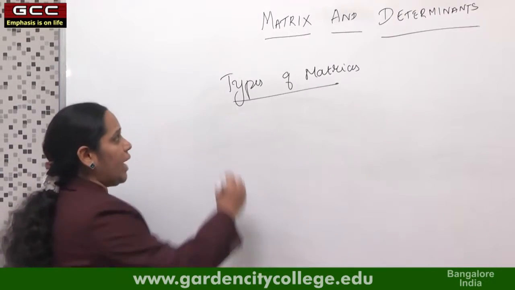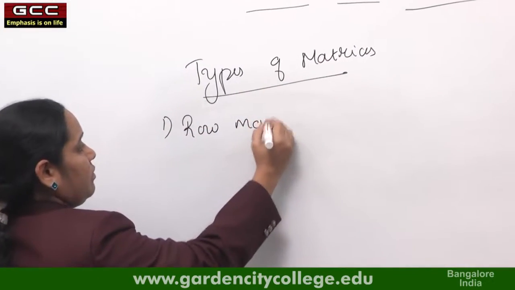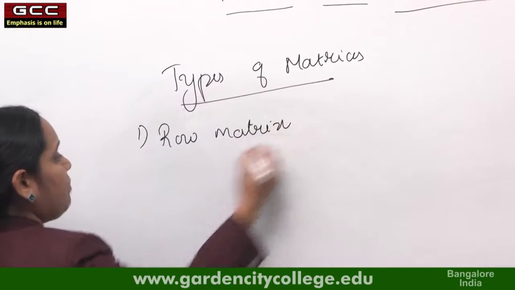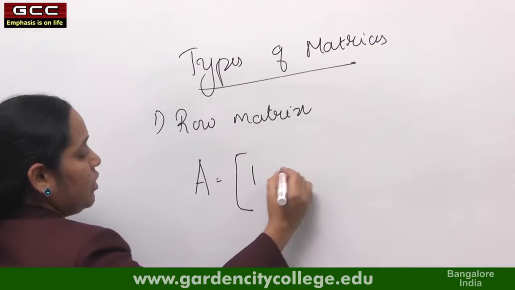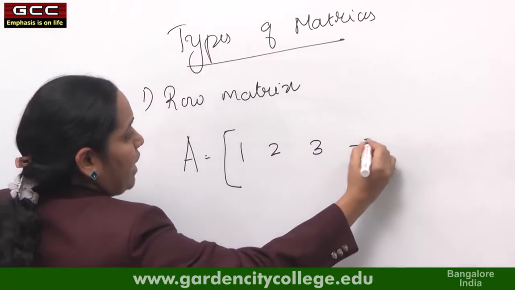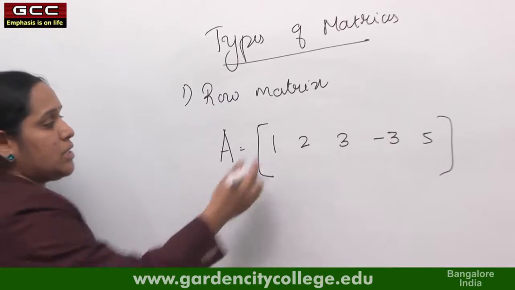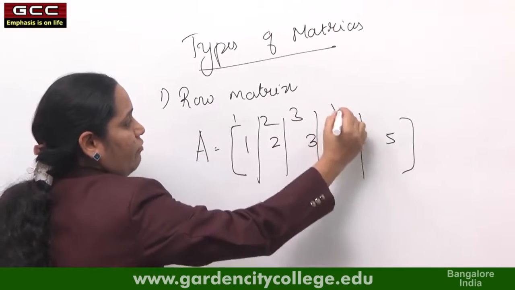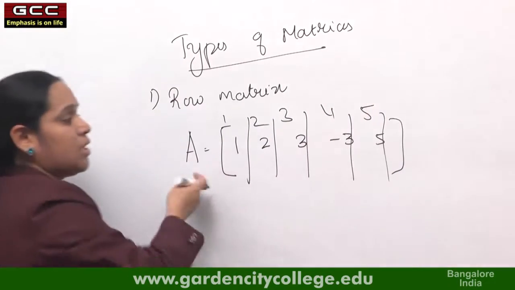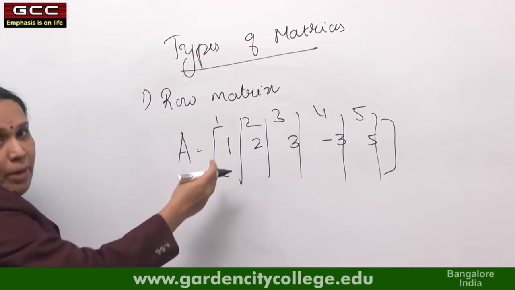For example, A is equal to 1, 2, 3, minus 3, 5. This matrix has 5 columns, but there is only one row. Such a matrix is called a row matrix.